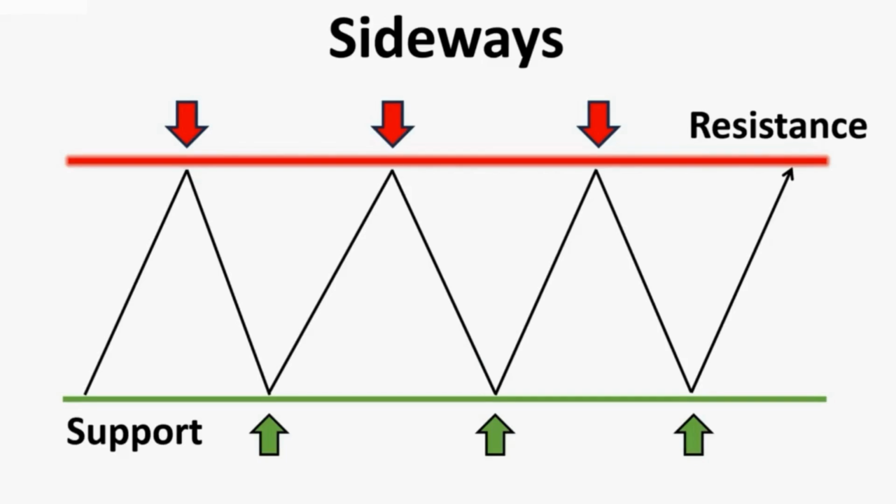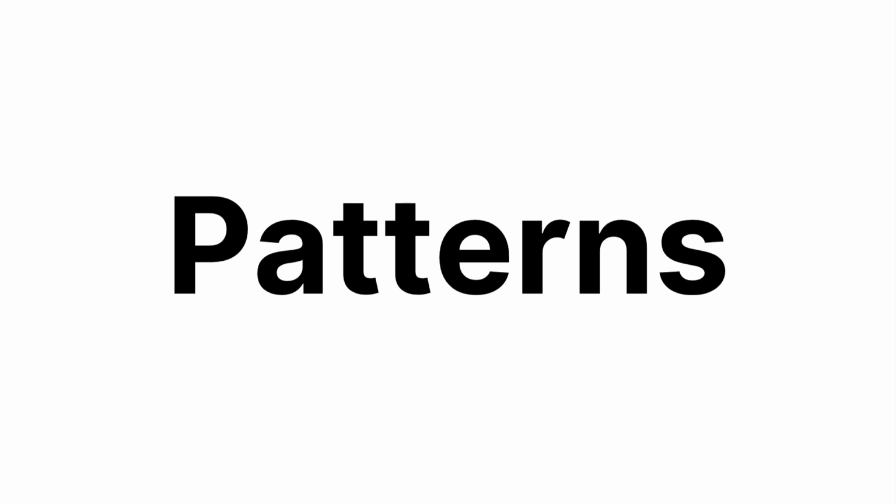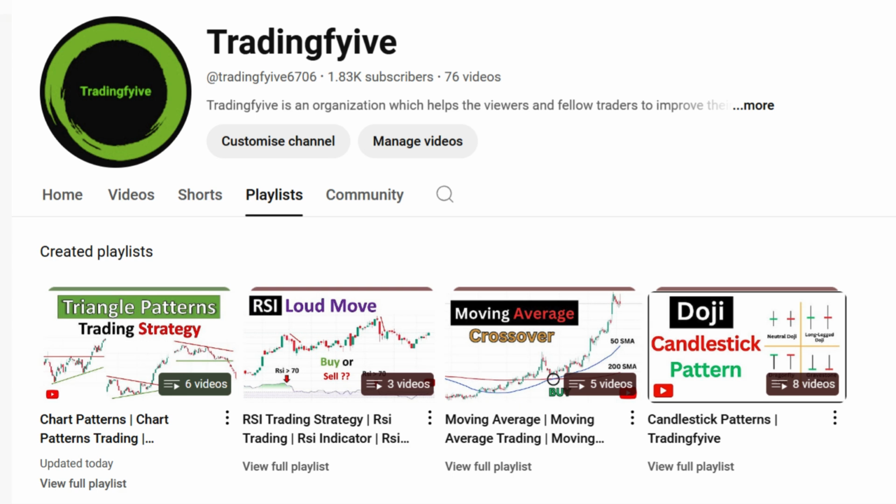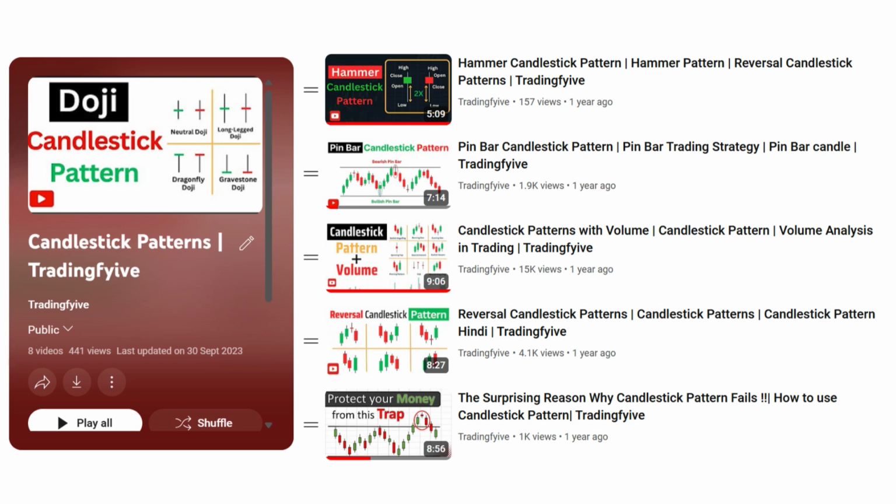And guys, one more thing you can use in price action is called patterns. They are very important when it comes to price action and are very powerful for finding trading opportunities. There are two types of patterns, which are candlestick patterns and chart patterns. I have made two separate playlists on candlestick patterns and chart patterns, where you will understand right from the basics how to use these patterns, how to identify them on the chart, and how to use them with various indicators like volume or RSI, everything.